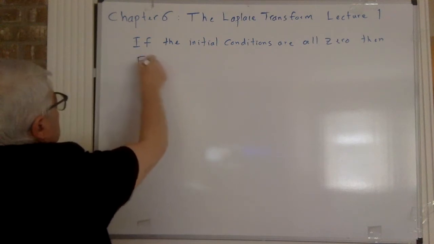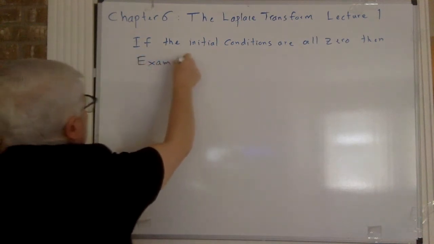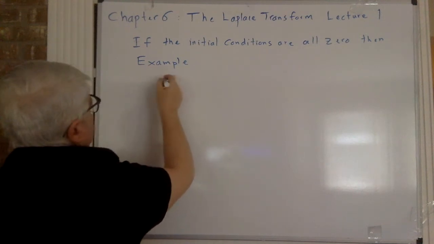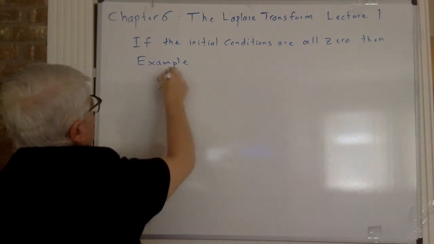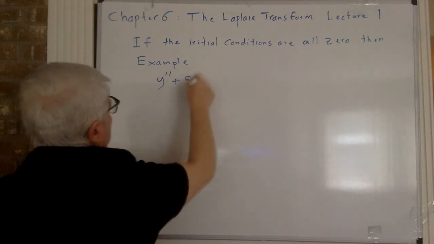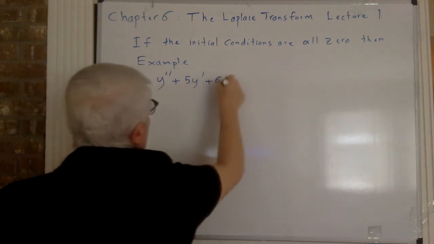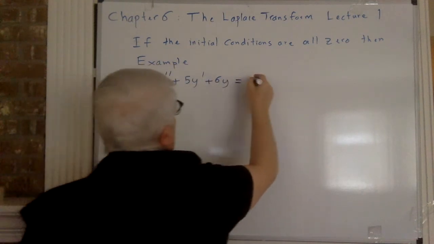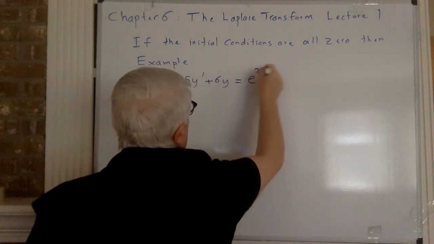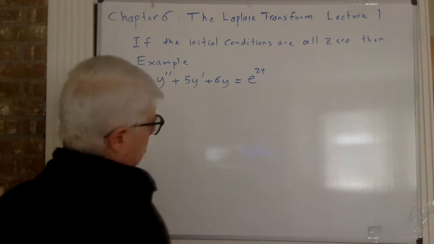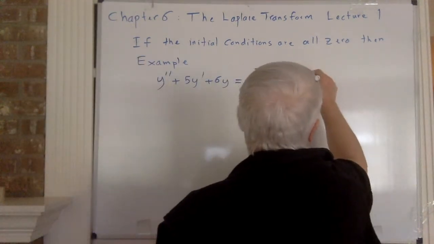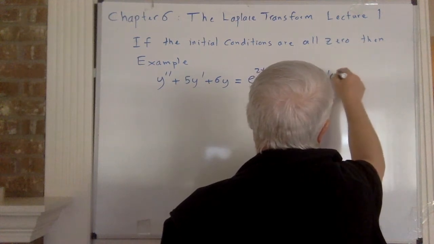So, example: let's say y double prime plus 5 y prime plus 6y equals 1 minus e to power 2t, and initial conditions 0.